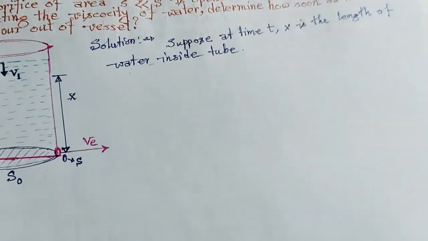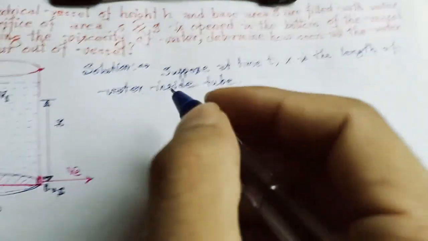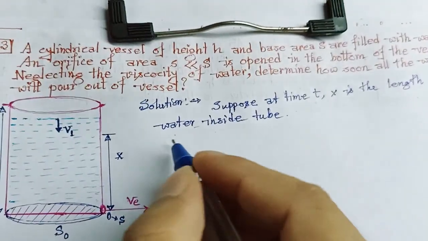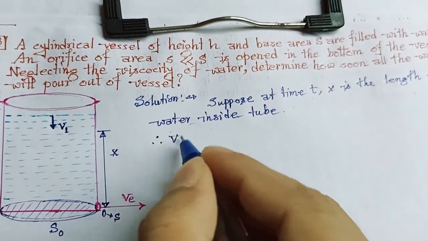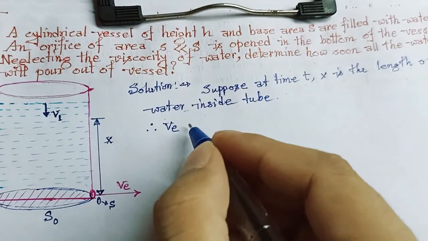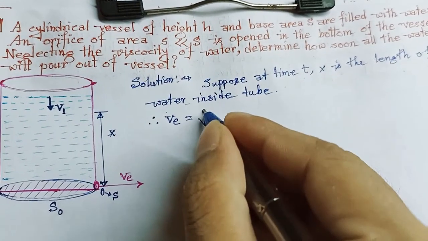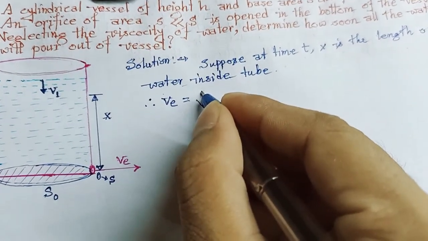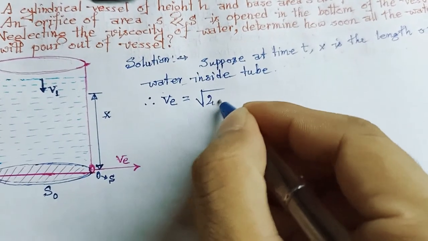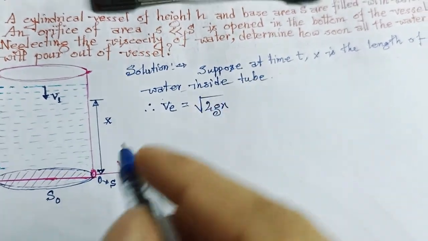Now the velocity of the water at the orifice is the velocity of efflux. So the velocity of efflux, which is equal to under root 2gx, because x is the height.